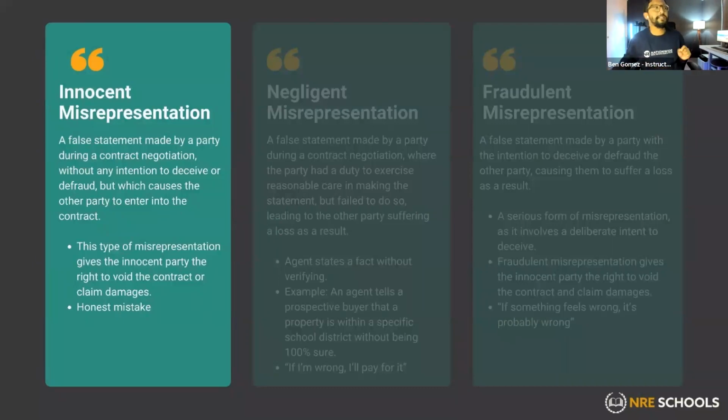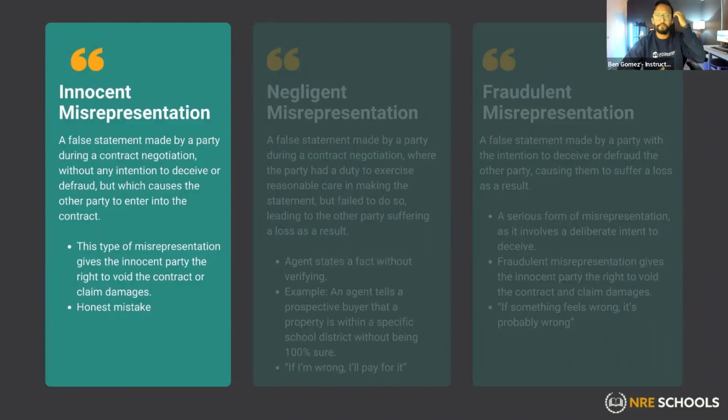This is a false statement made by a party in a contract or negotiation without intention to deceive or defraud. It's like saying the square footage of my home is 1575 because that's what the public record says. The agent says it's 1575.